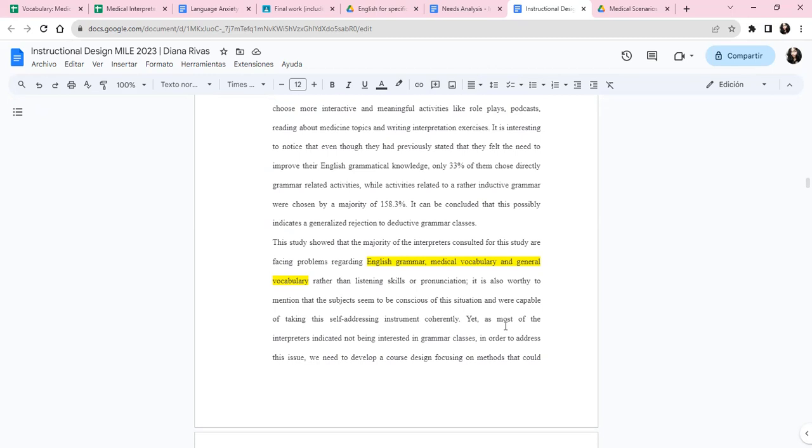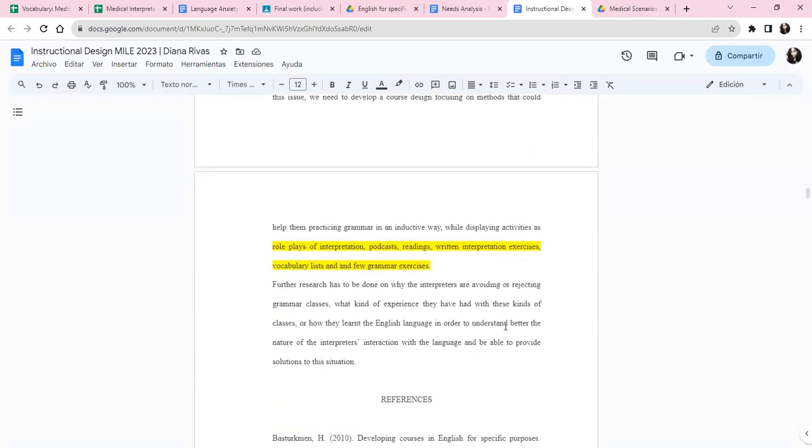So when it comes to the syllabus of this course for medical interpreters, we took into consideration the fact that these interpreters are actually lacking skills in English grammar, medical vocabulary and general vocabulary, and we don't have to focus that much on listening and pronunciation, but on grammar according to their needs.